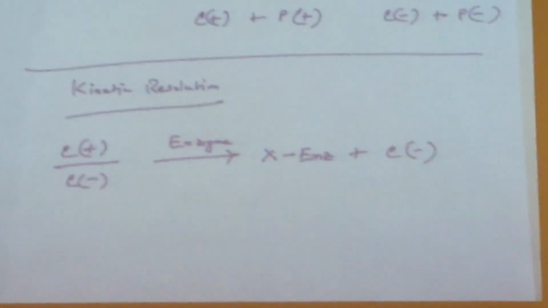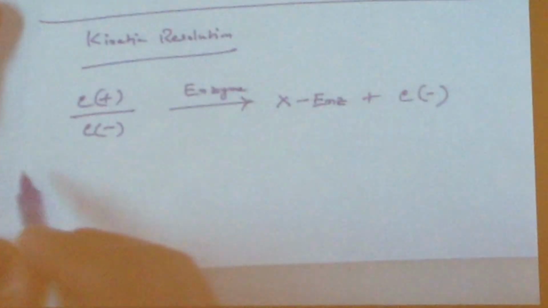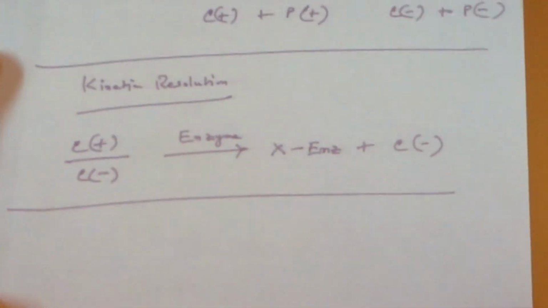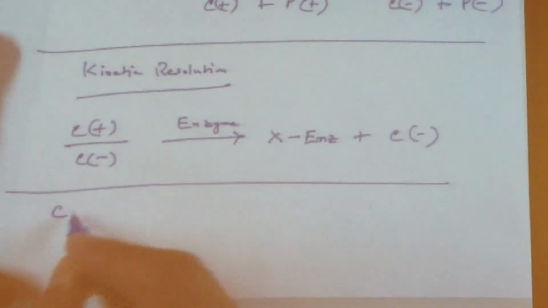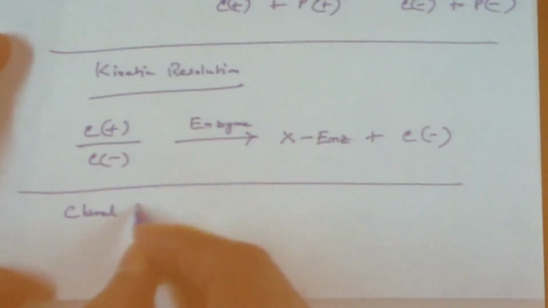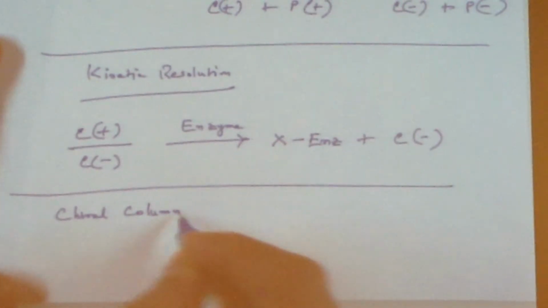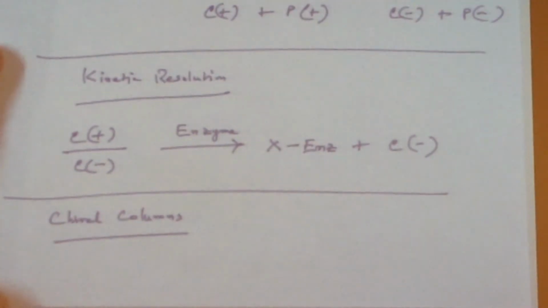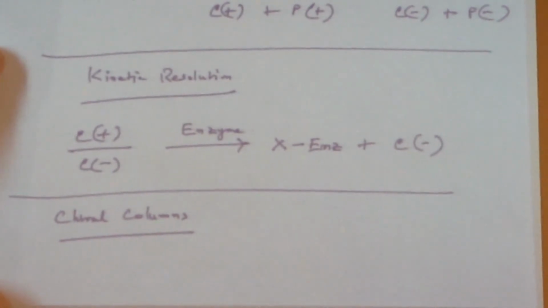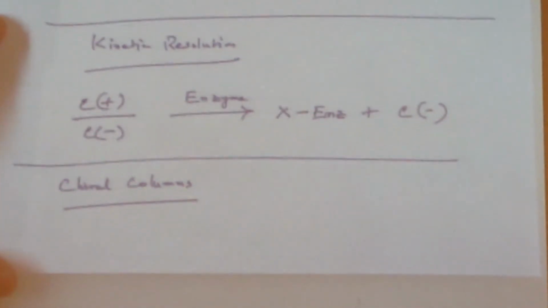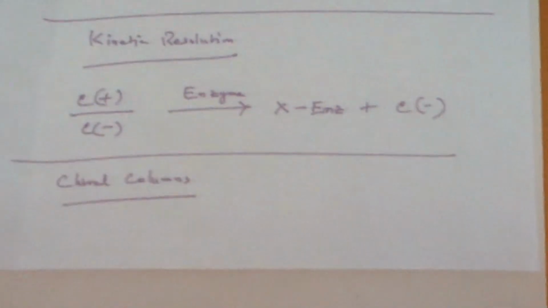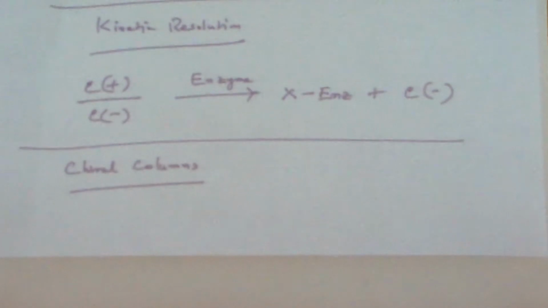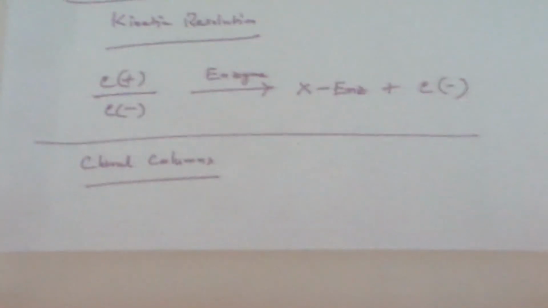And finally, there are also chiral columns where the same strategy that we mentioned here can be used as a column, in which one of them will bind to the specific column, the other one will pass through. So these are some general methods of resolution of enantiomers. And I just wanted to give you the basic concept, not going through many examples of these.